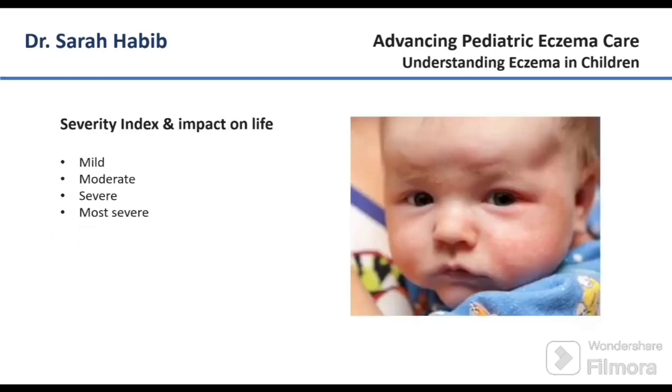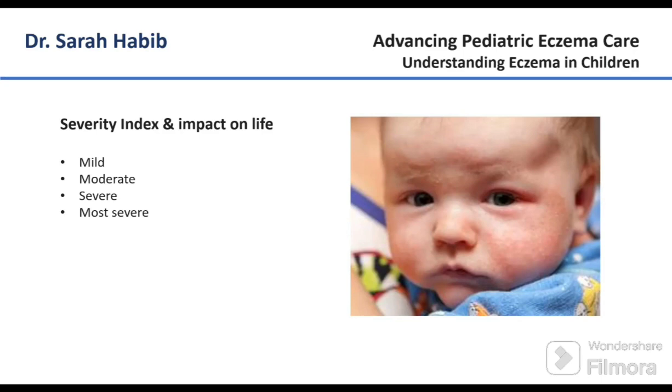Moving on to assessment of severity. Assessment is really important because it defines the course of treatment and impact on life. In mild cases, very few mild lesions are present and quality of life is not that much disturbed. In moderate cases, there are eruptions with severe inflammation in less than 10% of the body surface area.